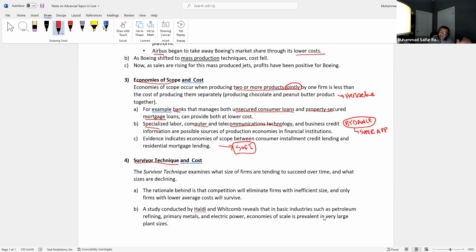A similar idea is also used in economics, where we use survivor technique to examine what sizes of firms are successful and what sizes of firms are declining. This is critical information because the size of the firm is going to be very important when we try to reduce the cost of production.